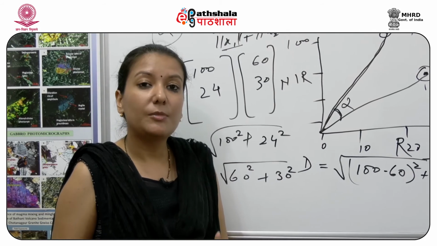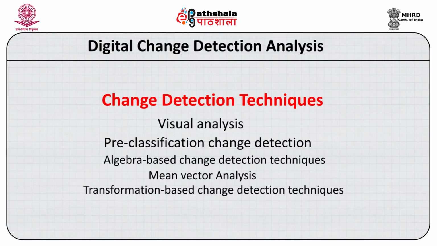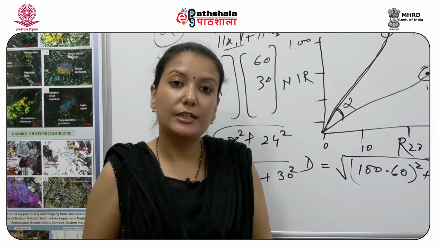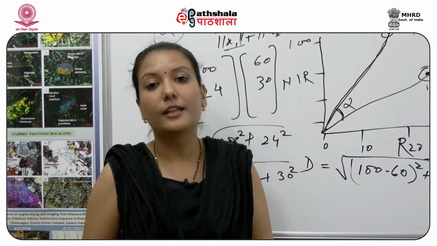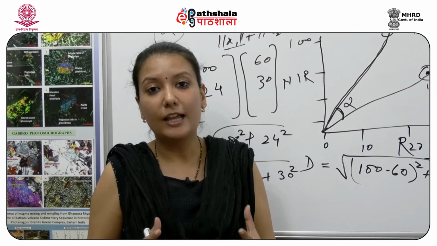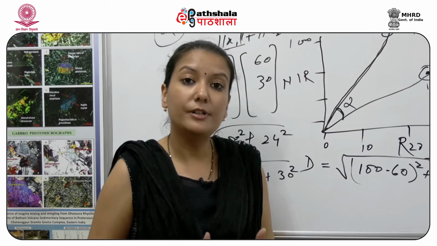Another method which can be applied on the images directly are the transformation methods like PCA or principal component analysis. Now principal component analysis considers multiple band data and transforms them orthogonally so that you can have the highest variance available in the least amount of data.